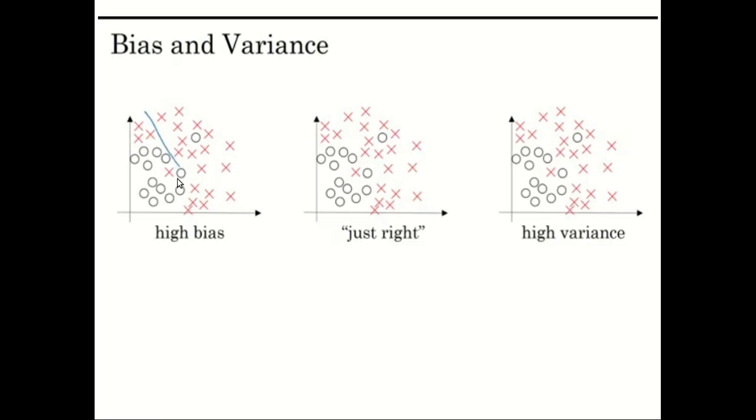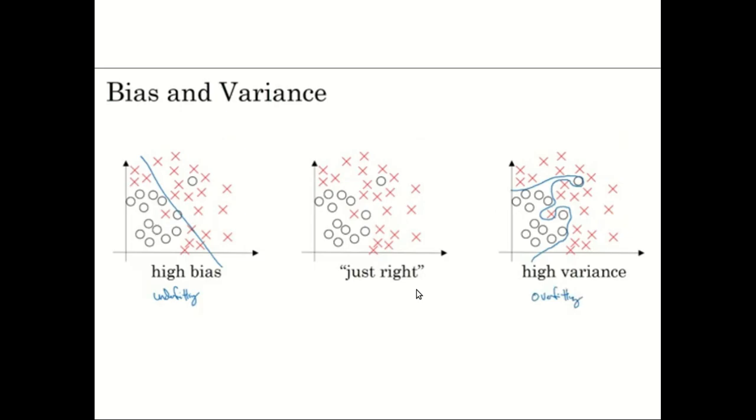If I train my neural network and it comes up with a decision boundary that is linear, our model is said to be suffering from high bias, because it is not able to differentiate the two different training sets properly. The decision boundary is totally linear, and we say that our model is suffering from underfitting.